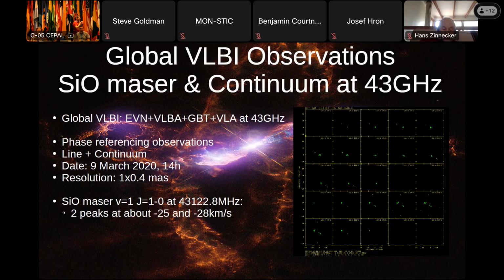With a double band, with a large bandwidth for the continuum and a short one for the line resolutions. And as the white dwarf and the AGB were very close, we tried to make a phase referencing from the SiO maser to the continuum of the white dwarf. So we get a resolution of 1 by 0.4 milliarcseconds.